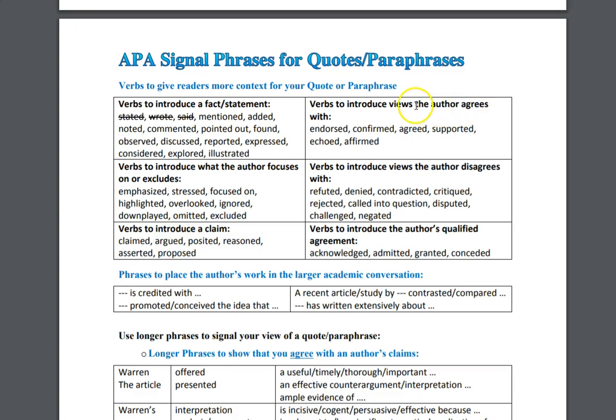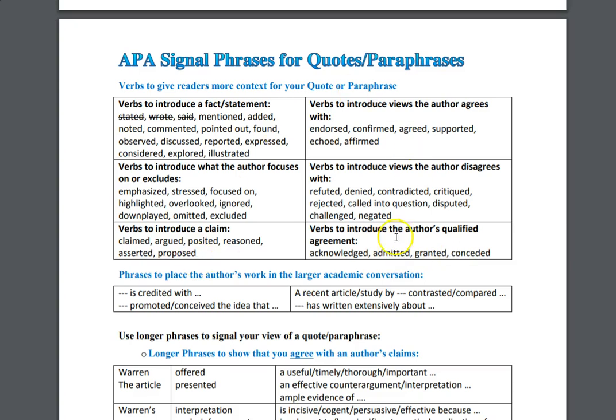If they're introducing their view, you would say maybe confirmed or supported. Verbs to introduce views the author disagreed with would be contradicted, disputed, negated. And verbs to introduce the author's qualified agreement: admitted or conceded.